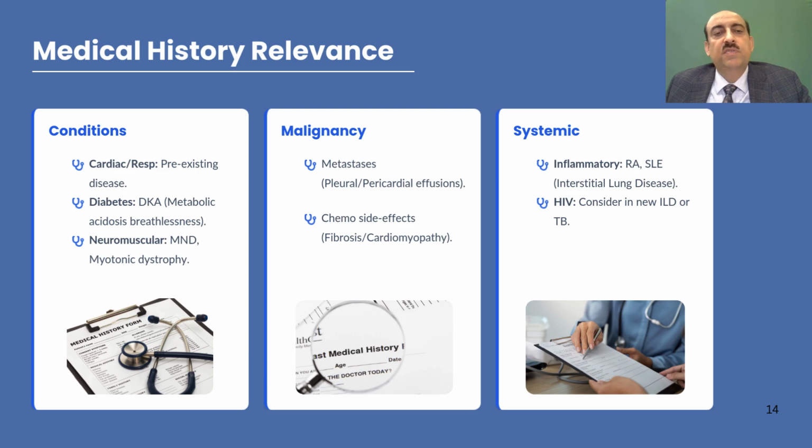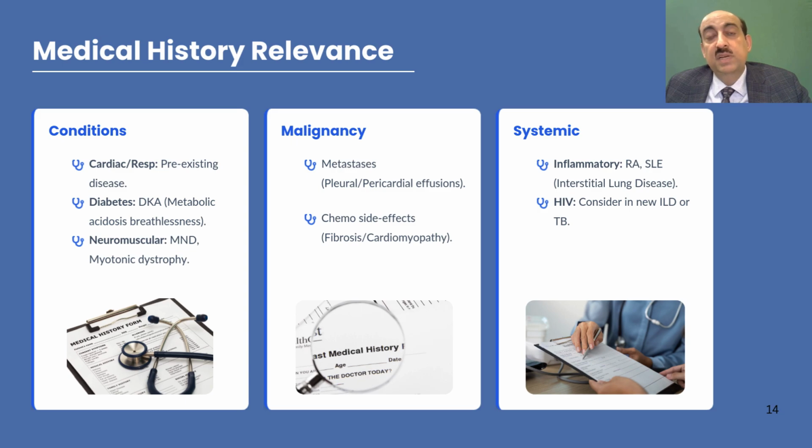Coming to the importance of past medical history, it's needless to say it's really crucial to ask about previous clinical conditions, including cardiac, respiratory, diabetes and neuromuscular disease. Think about pre-existing ischemic heart disease; in diabetes, think of DKA or HHS complicating the acid-base balance; and among neuromuscular conditions, myotonic dystrophy and motor neuron disease.